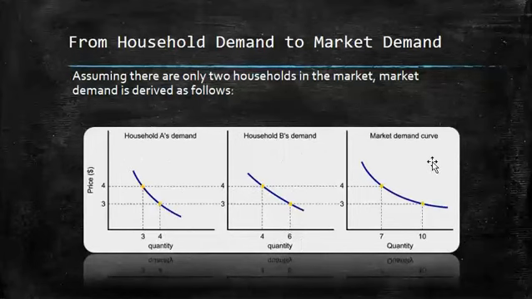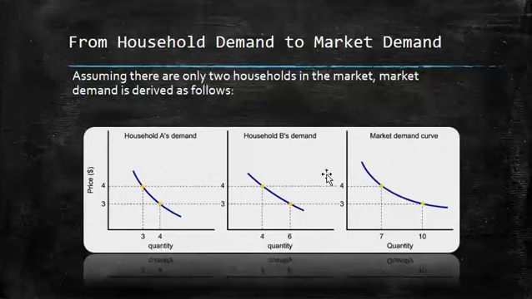So, ano naman yung market demand curve? Tingnan natin ang market demand curve niya. Okay? So, 7, 4 plus 3. Doon sa 4 pesos na price, ang kayang bilhin ni household A is 3. Ang kayang bilhin ni household B is 4. So, the market demand curve, total of A and B is 7.